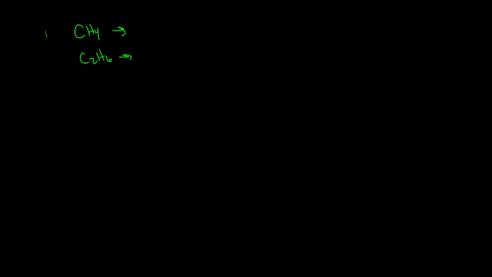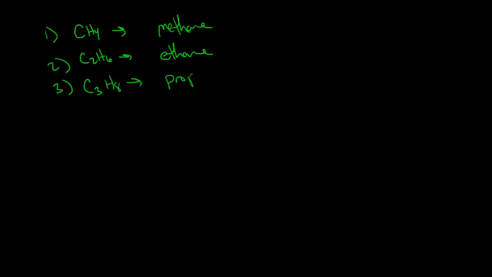So one carbon, CH4, is methane. 2 carbons, C2H6, is ethane. 3 carbons, C3H8, is propane. 4 carbons, C4H10, is butane.